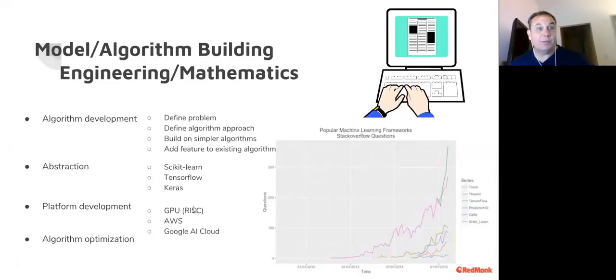Other things you do on the computer: what are you running it on? What hardware are you using? Are you running it on your machine? Do you have a GPU where you're able to take advantage of a speed up in processing, a faster processor? We will get into this when we get to the mathematics.